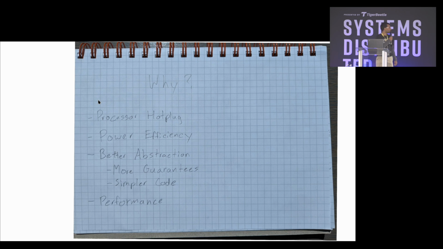Honestly, the biggest thing for me is performance and better code quality. On modern machines, we keep adding more cores, line goes up, right?